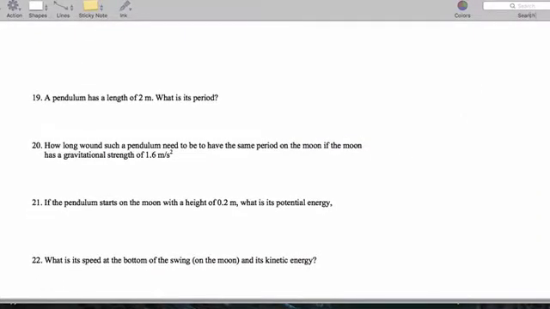So a pendulum has a length of 2 meters, and we want to know its period. So T is 2 pi square root of L over g, which is 2 pi times the square root of 2 over 10. We've got to be careful how we plug this into our calculator.